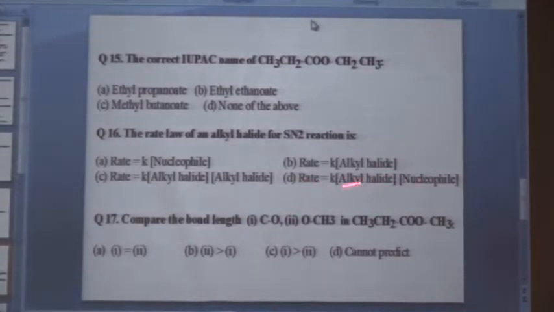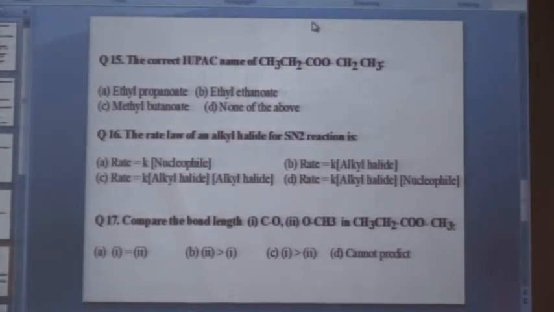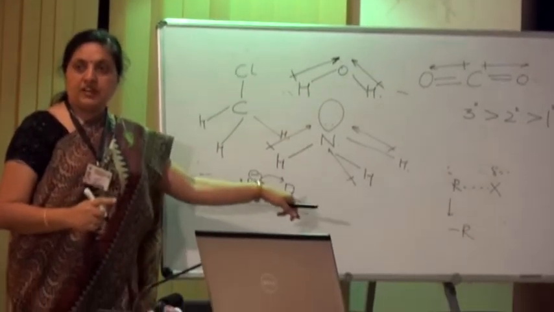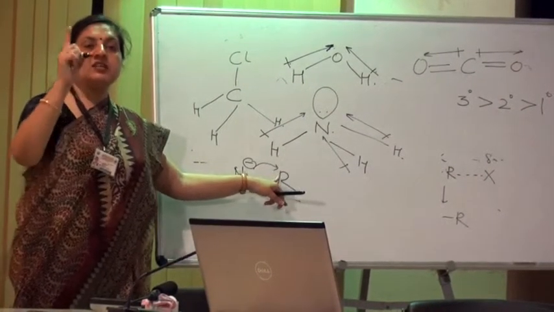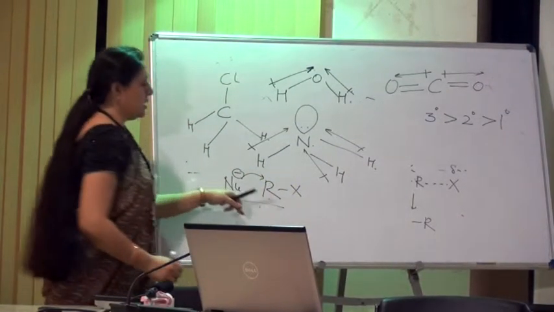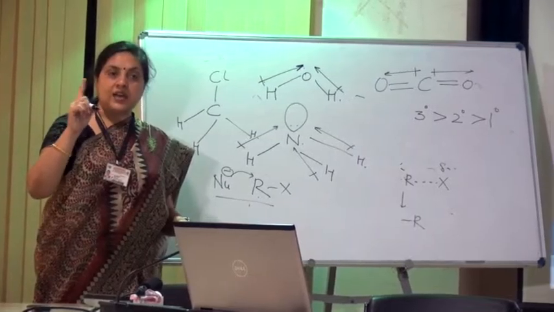That's the right answer, because in the SN2 mechanism, as we just wrote, your rate depends on the rate determining step. In the SN2 reaction, your rate is dependent on the concentration of both the species, because in the first step only, both the molecules are involved, whereas in SN1 it was only the RX, that ionization.